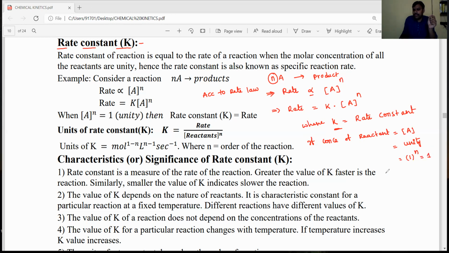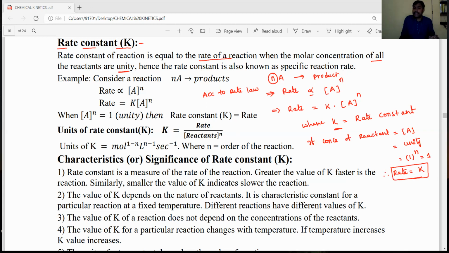Therefore the rate is equal to K. So what is the definition of the rate constant here, students? The rate constant of a reaction is defined as the rate of the reaction when the molar concentration of all reactants is unity. When the molar concentration of all reactants is unity, the rate is equal to the rate constant.